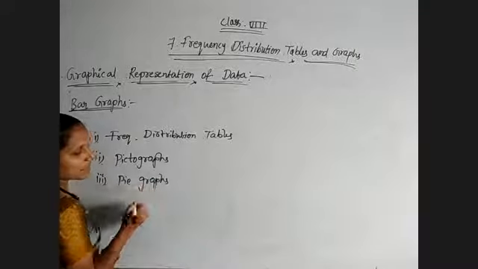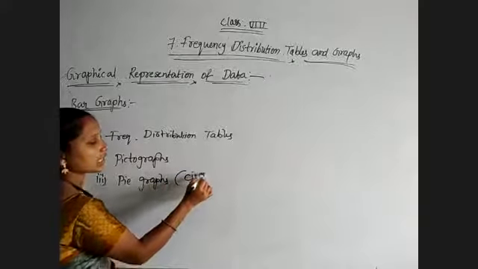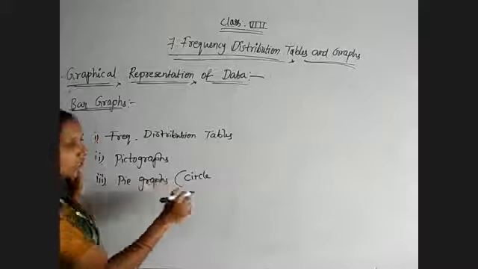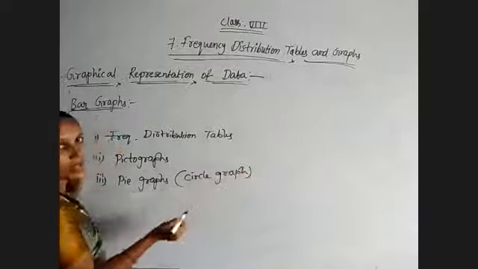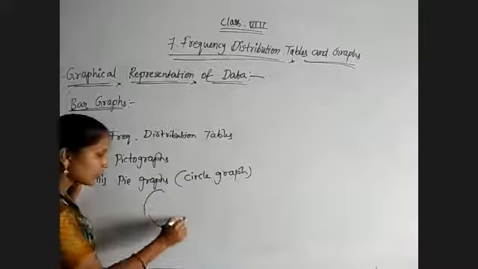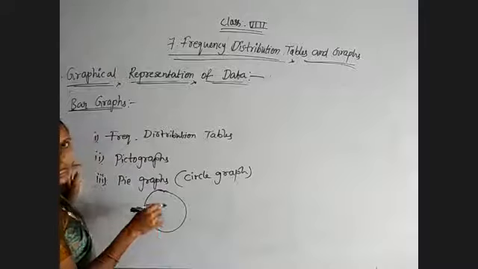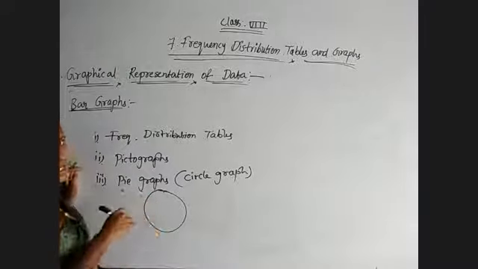Pie graphs are nothing but information represented by using a circle. In that circle, sectors are used to represent different portions. Suppose I have a circle; it is also known as a circle graph, because it is represented by using a circle only. To complete one circle, it has to rotate 360 degrees.